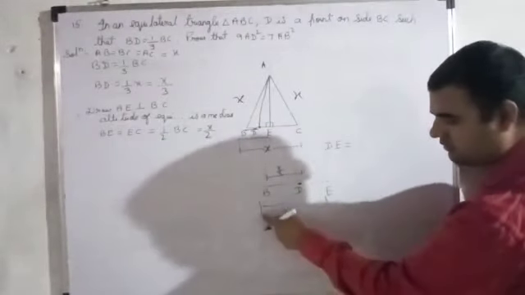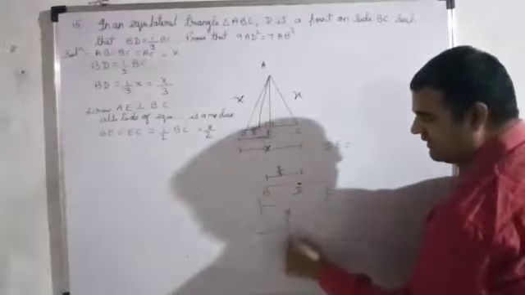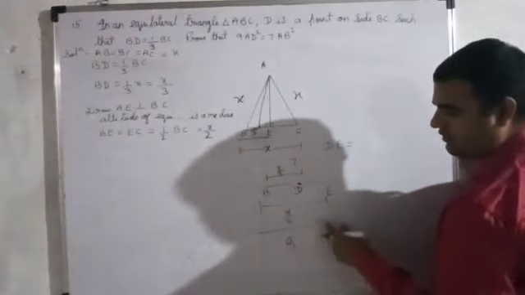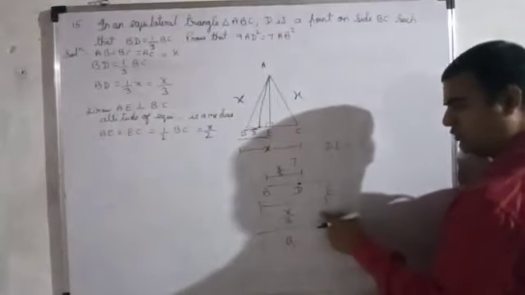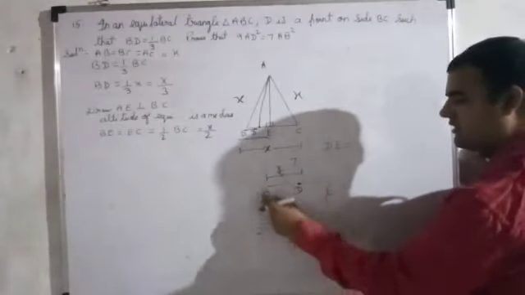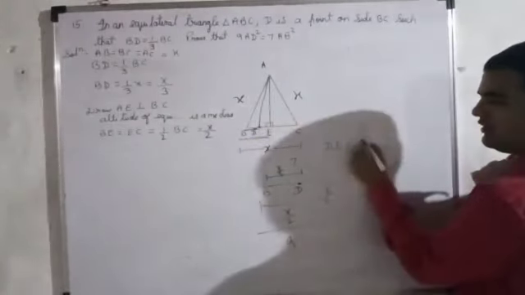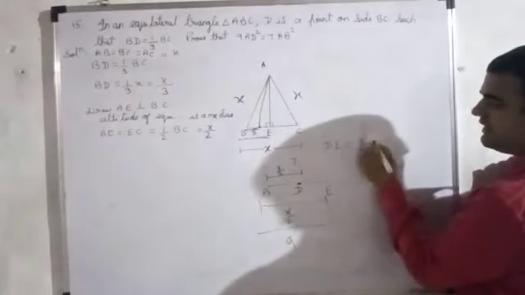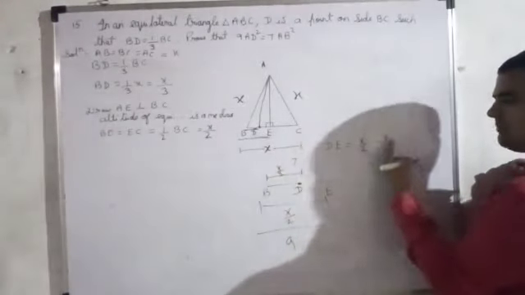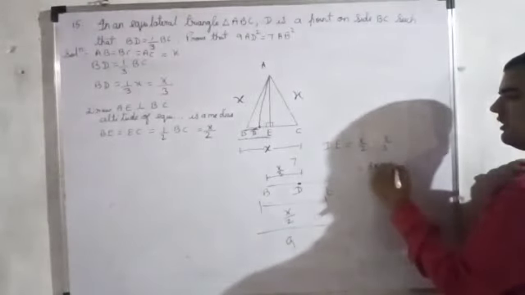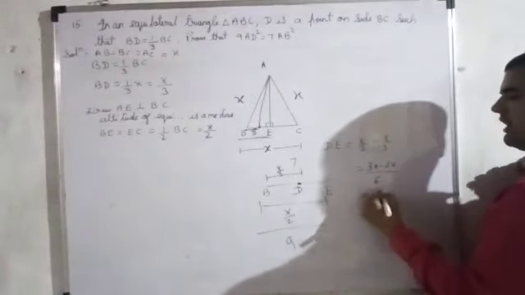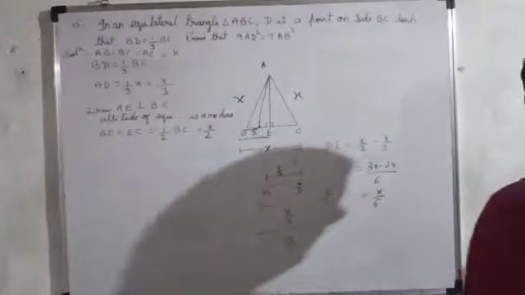How will we get DE? Suppose the complete distance was 9 and this part is 7. If you want the remainder, it is 9 minus 7. Same here: x/2 minus x/3. Do the cross multiplication: 3x minus 2x upon 6. You will get x/6. Simple.